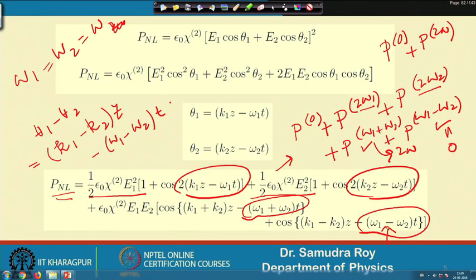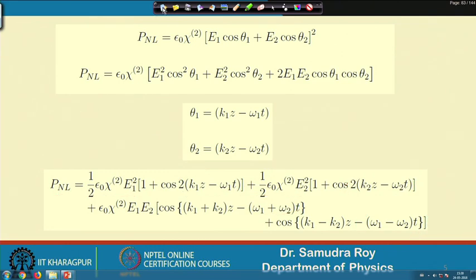And also, if I add these two frequencies omega 1 and omega 2, we will find 2 omega if omega 1 and omega 2 are the same as omega. So, this is basically the second harmonic process, the second harmonic generation. So, second harmonic generation is some sort of special condition of sum frequency generation or difference frequency generation, under the condition that all frequencies are the same.